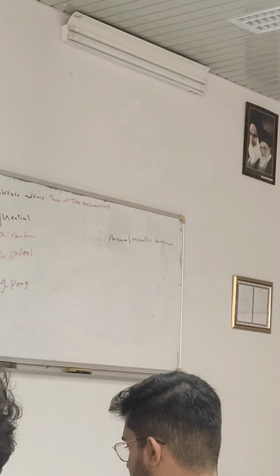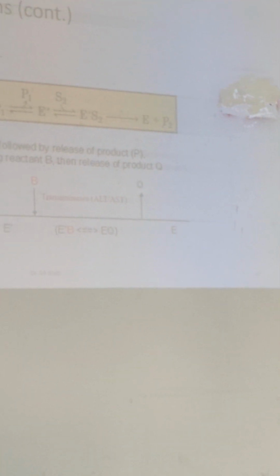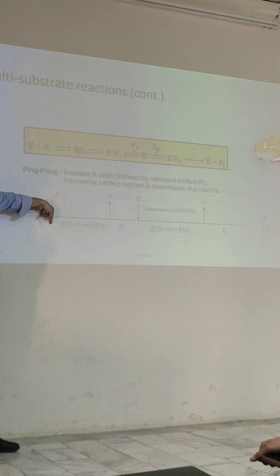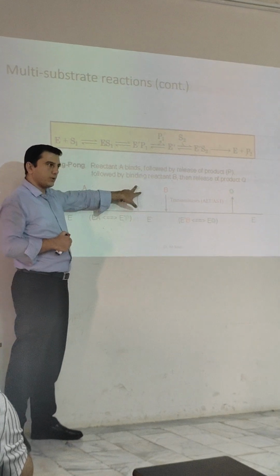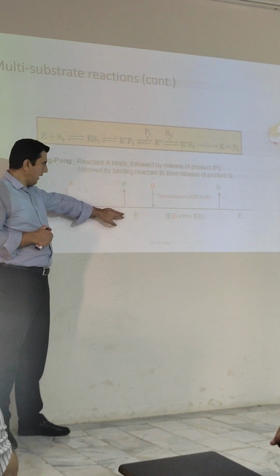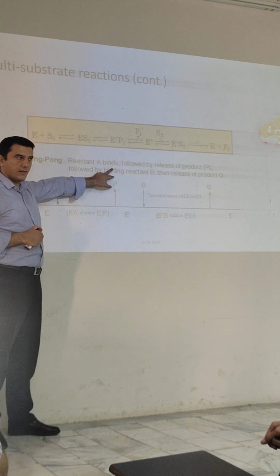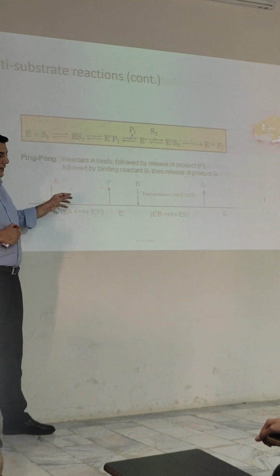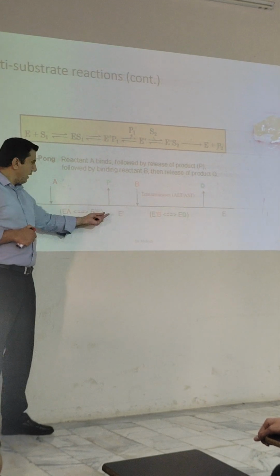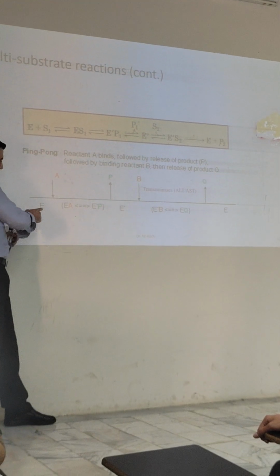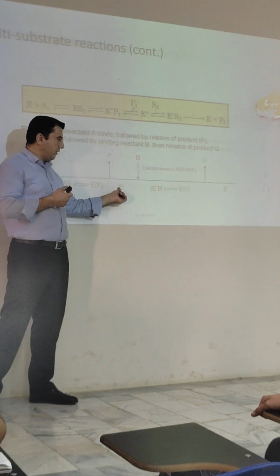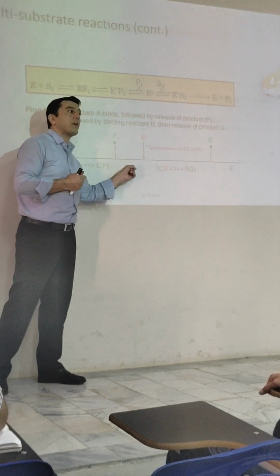About the ping-pong mechanism, it is mandatory. First, a substrate enters the active site, then the first product is produced and exits the active site. When the enzyme does the first reaction, the enzyme will change. Look at here, the original enzyme is E, but the changed enzyme will be E prime.